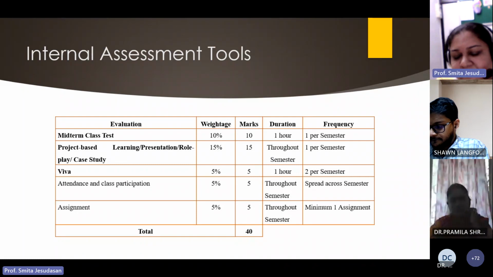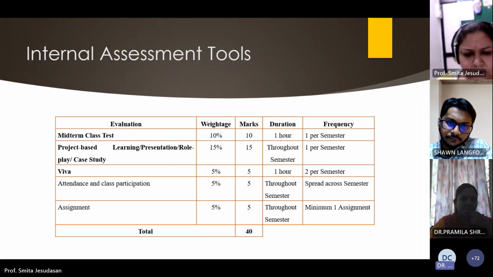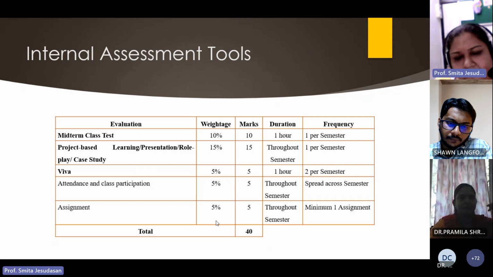Okay, then it will change. No, the weightage is given here. Totally, it comes to 50%. Is it for 100% or 50%? This is for 40%, ma'am. Oh, 10, 25, 30, 35, 40. 40 marks out of 100, ma'am.